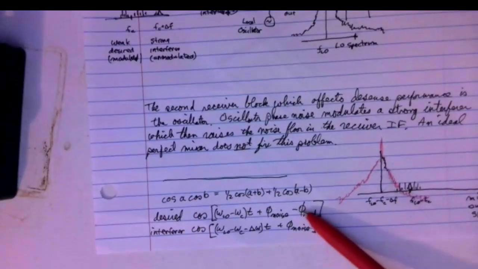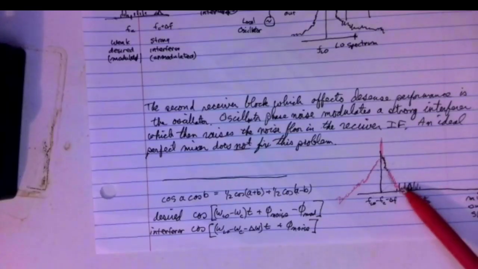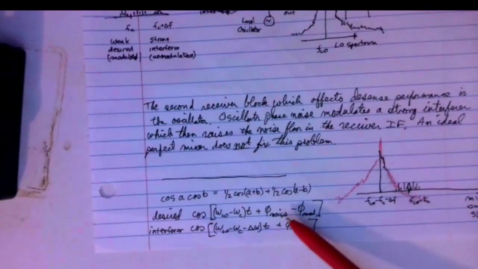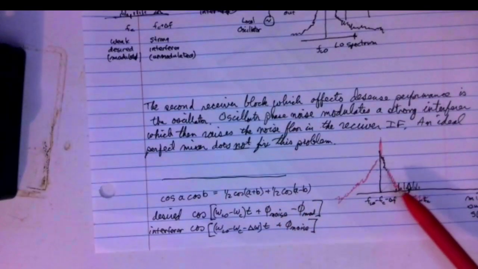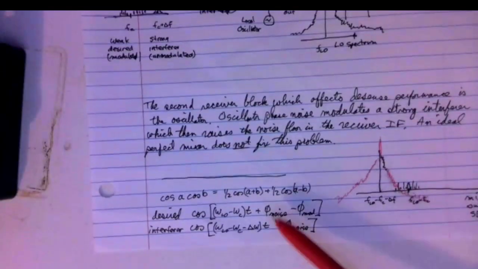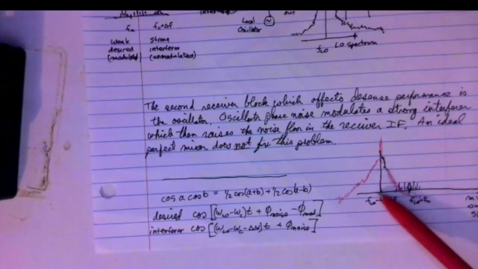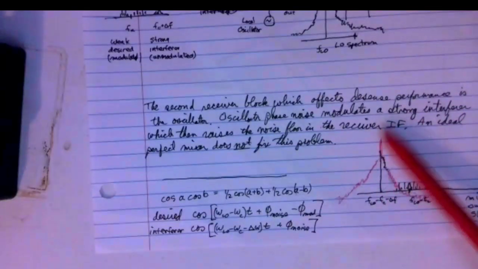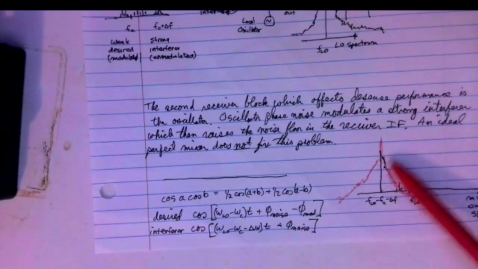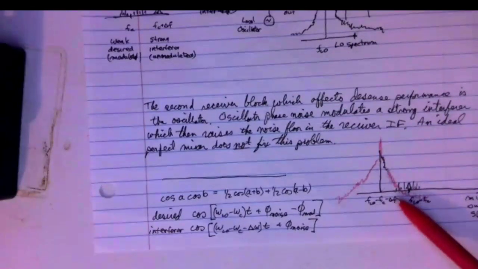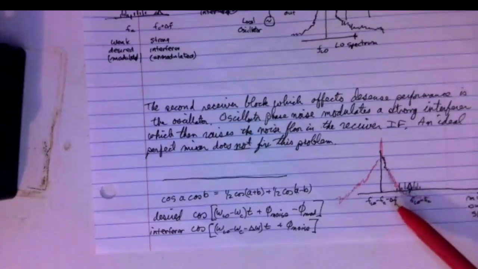Just like the modulation here gets translated from the desired signal down here, the phase noise gets translated to a little bump right in the center. In this case, the phase noise on the LO ends up on the interferer, and because the interferer is big, this skirt is now not insignificant compared to the small desired signal.